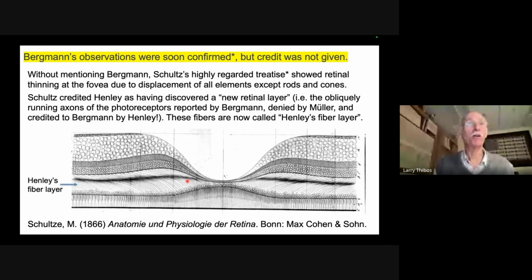So here we have Schultz crediting Henle having discovered a new retinal layer of obliquely running axons from photoreceptors that had been reported by Bergmann, denied by Müller, and credited to Bergmann by Henle, but Schultz was the last one in the list of people, and he said, no, forget Bergmann, it's Henle. So forevermore, these fibers are known as Henle's fiber layer.